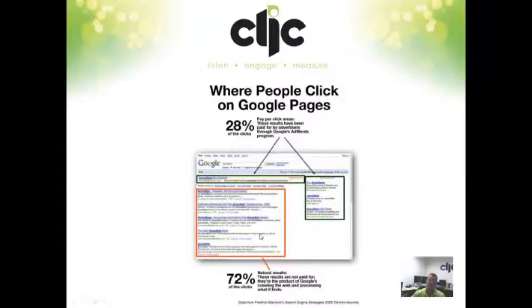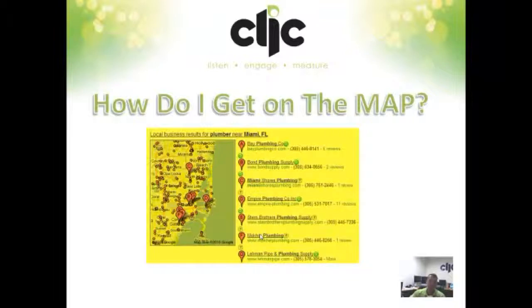The other 72%, their eyes skip straight to the organic section, and that's where they click. So if you're going to invest dollars, the best bang for your buck is in the organic section, creating quality content and earning your way into the organic section on the search engines.